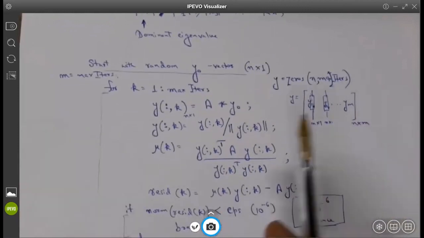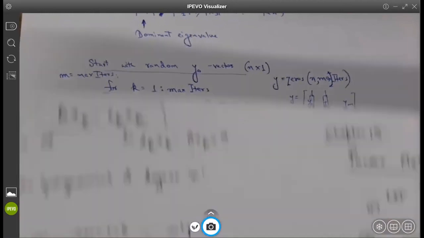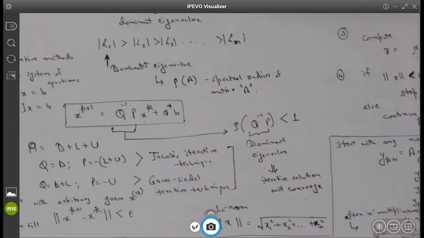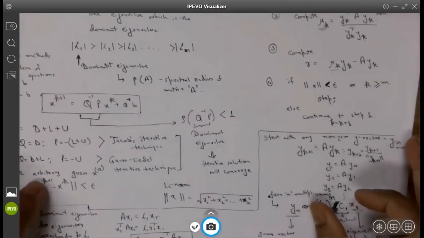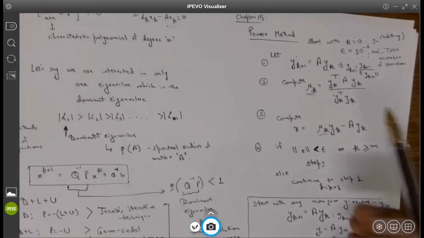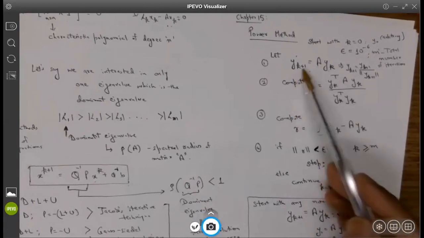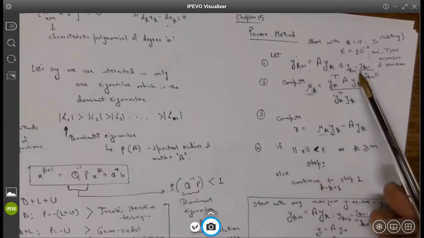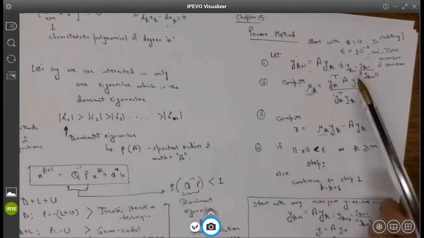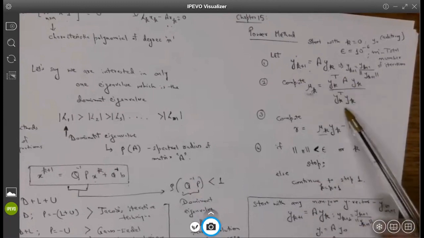Now, let me go back to the previous lecture slide where I did not use all this colon and MATLAB based scripts. I just wrote it simply in terms of subscripts. y_{k+1} is A times y_k, and then I normalize it, I divide it by its norm, so make it a unit norm, and then compute the eigenvalue, which is y transpose A y divided by y transpose y.